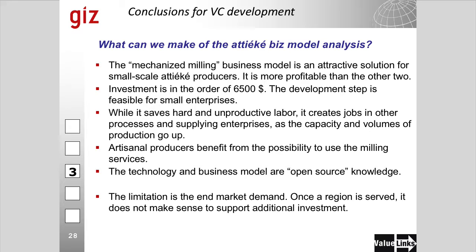We can see that the mechanized milling model is an attractive solution for small-scale Attiéké producers. It is more profitable than the other two. Investment is in the order of 6,500 euro or dollar. That development step, so getting those $6,500, is not too much of a problem and feasible for small enterprises.